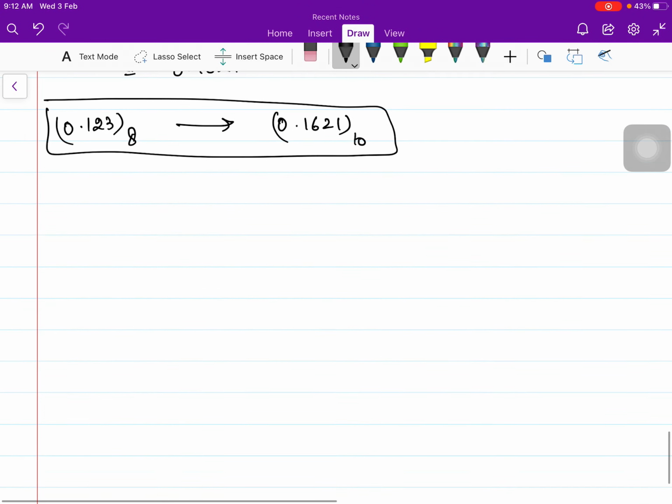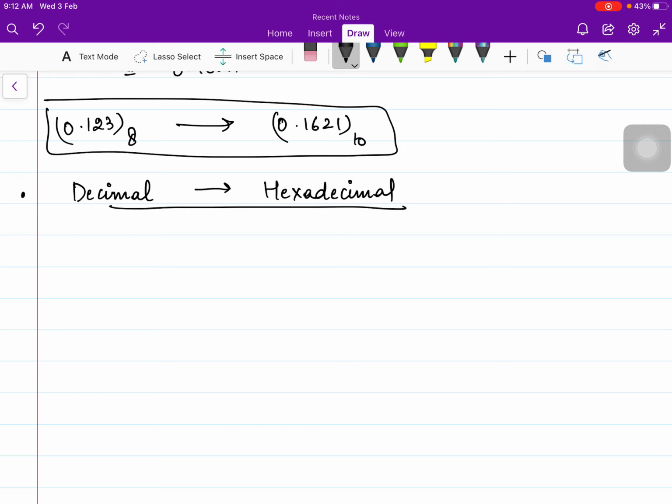Now the next conversion is from decimal to hexadecimal. Decimal to hexadecimal. So again the same statement, if on either side of the conversion we have a decimal number system, then the same process will be followed as was followed in decimal to binary or binary to decimal conversion.